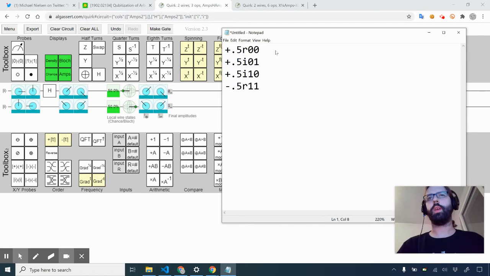So now let's say we apply the Hadamard. Quirk is using the top qubit as the rightmost qubit in here. So this is going to be after the Hadamard is applied only to that qubit.